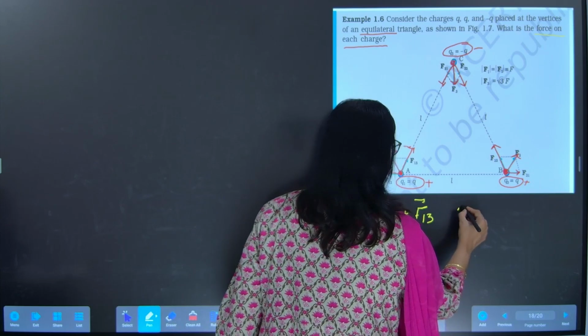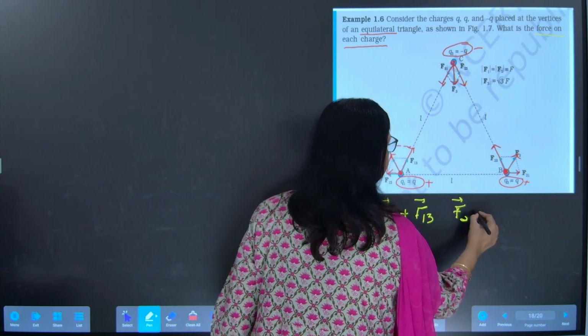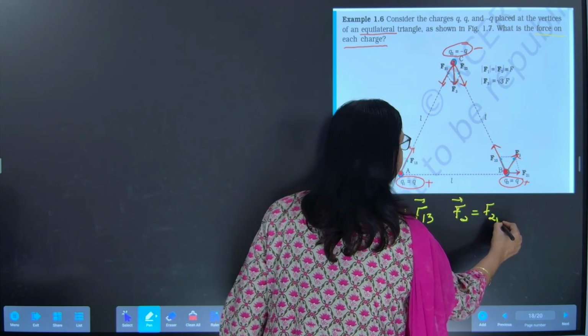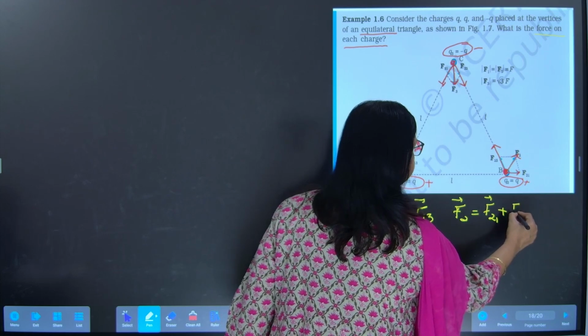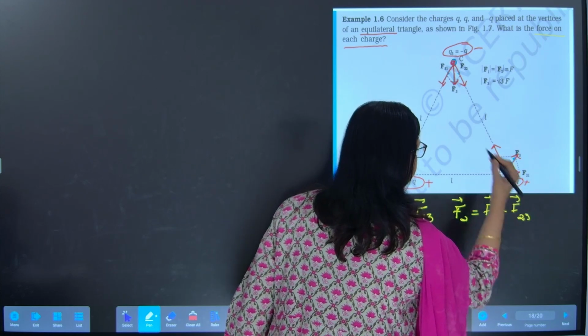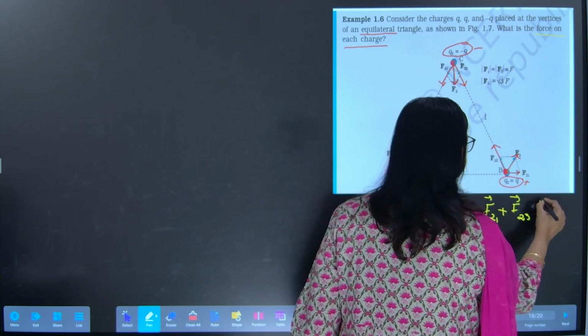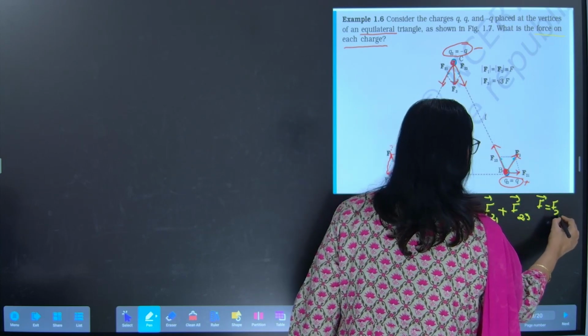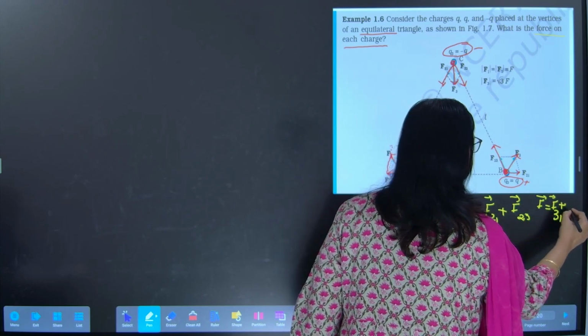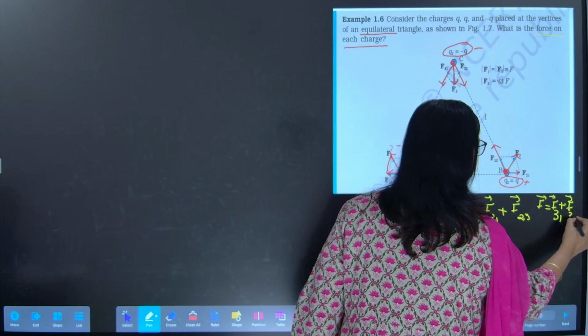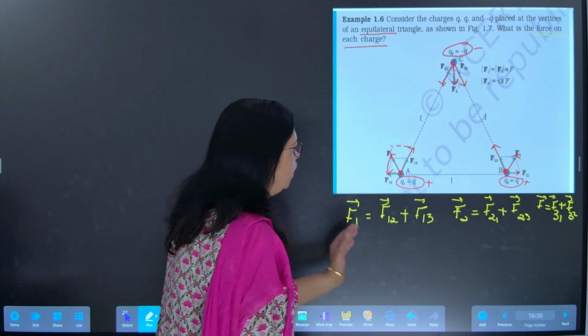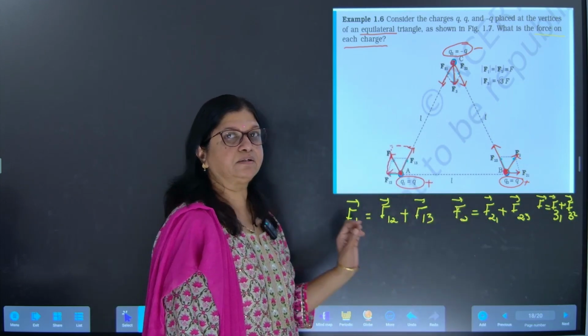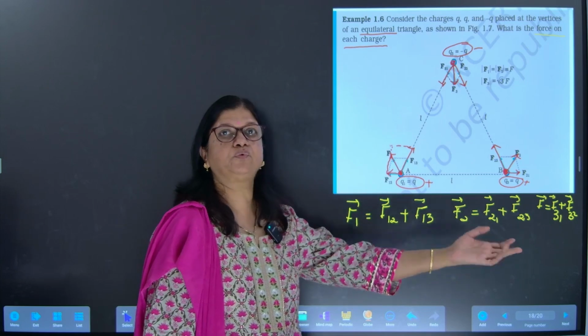Similarly, F2 is a vector addition of F21 plus F23. And F3 is a vector addition of F31 plus F32 vectors. So all these forces are the vector addition of their component forces.